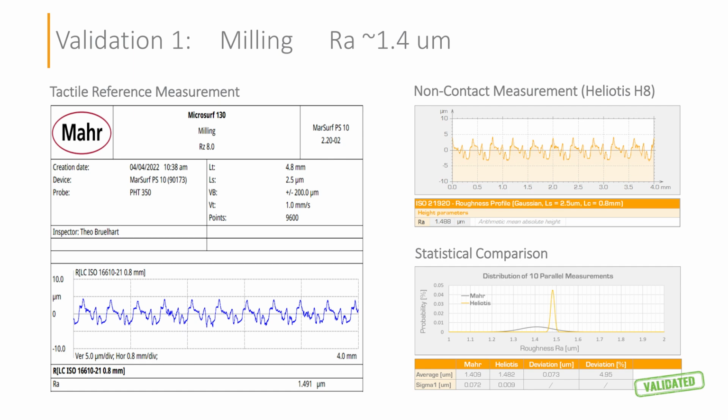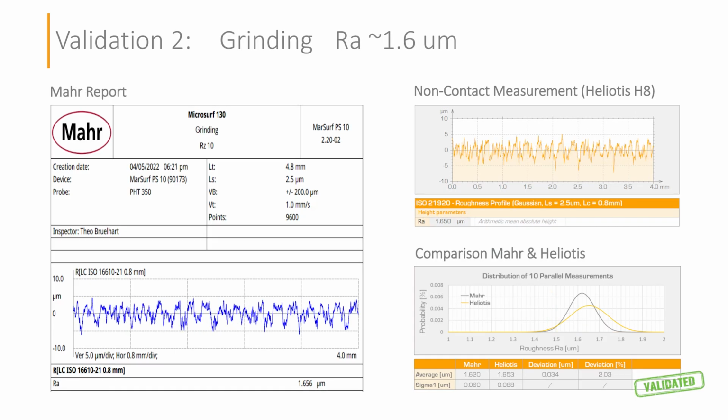The distributions also show the repeatability obtained from 10 parallel measurements. For the ground surface, with an Ra of approximately 1.6 micrometers, the agreement is even closer. The tactile measurement gives 1.620 micrometers and the optical measurement 1.653 micrometers, a difference of about 2%.